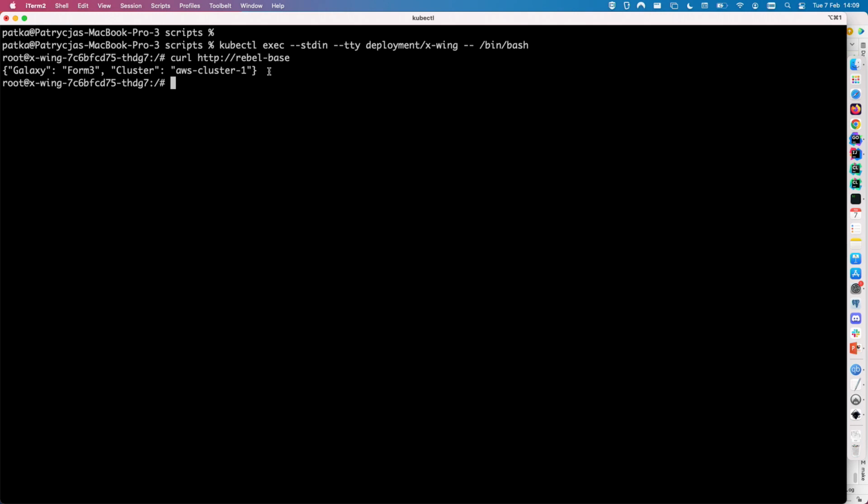What does it mean, global service in Kubernetes in terms of Cilium? It means that it's automatically load balanced across all available clusters which are connected in a mesh. So here you see that I got the response from my AWS cluster 1.